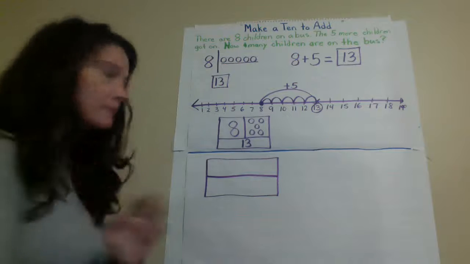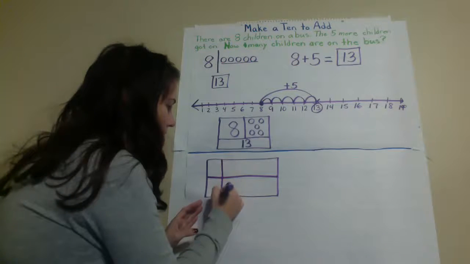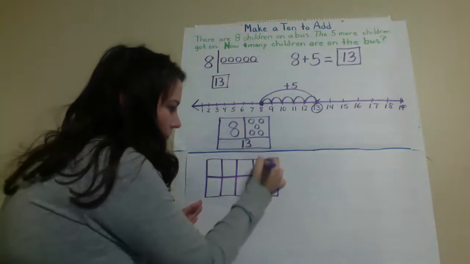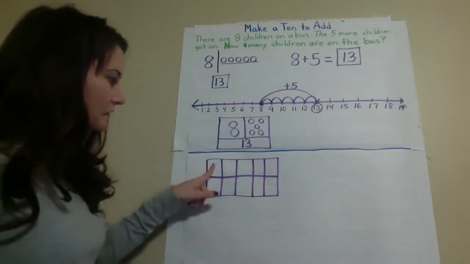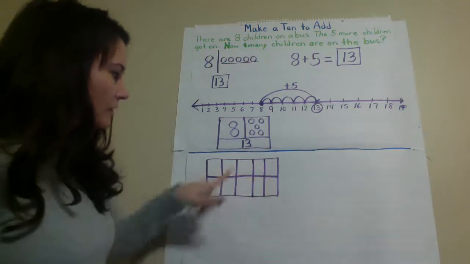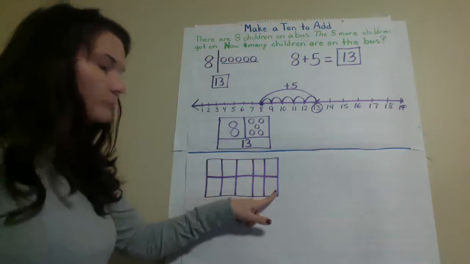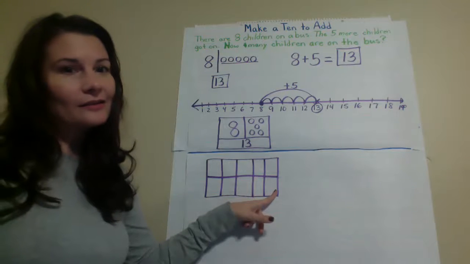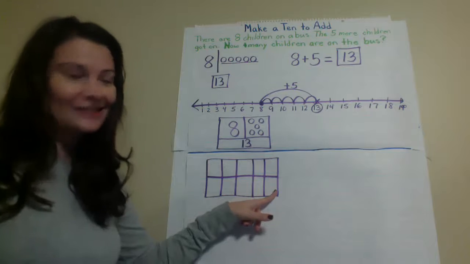Can you count with me? 1, 2, 3, 4. And that gives us 5 boxes on top and 5 boxes on bottom. And we learned that 5 and 5 make, that's right, 10.